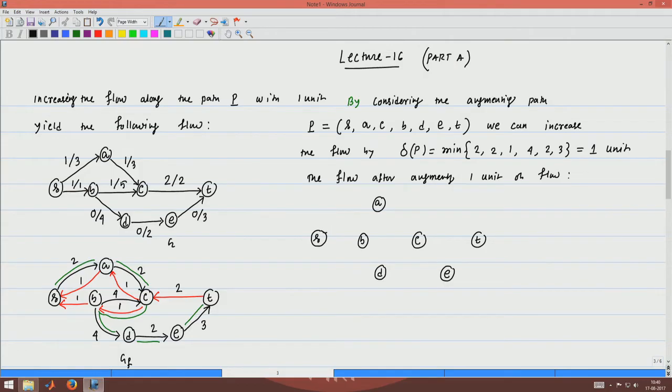Along S A, before it was 1, now it will be 2, and the capacity is 3.